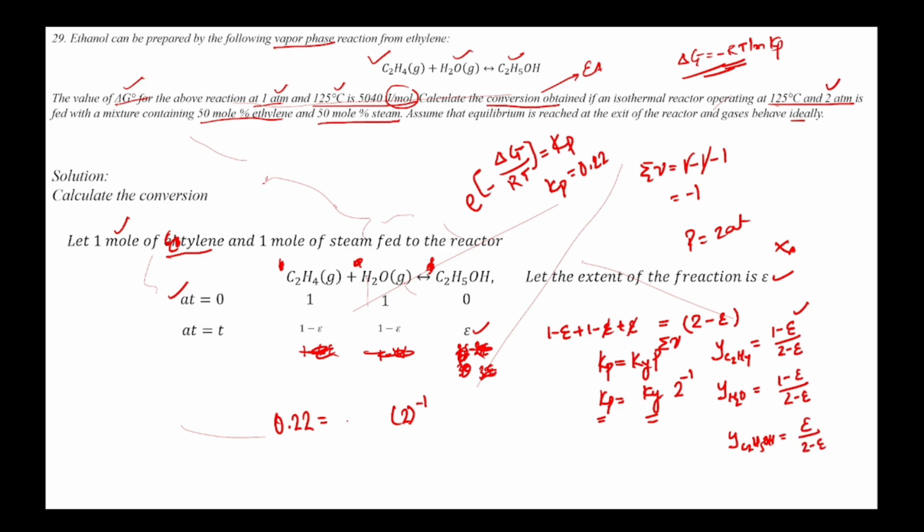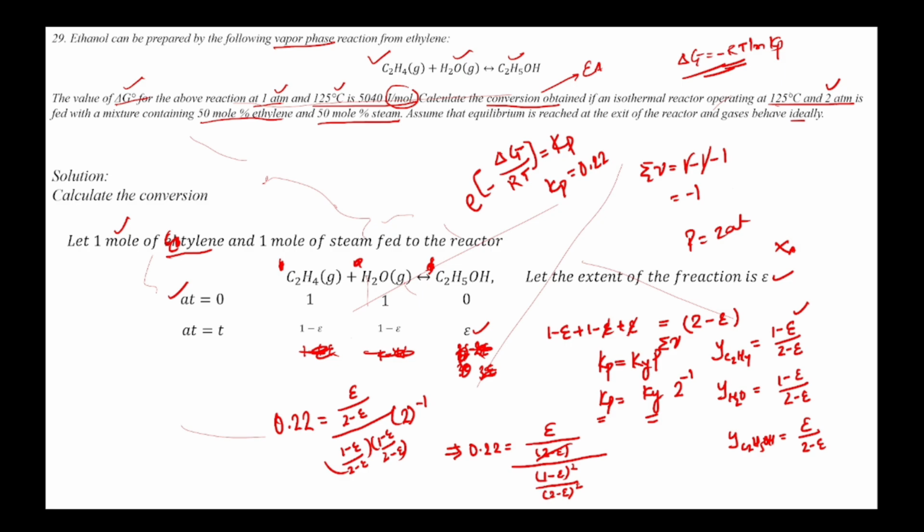Now, so this Ky will be E upon 2 minus E, divided by 1 minus E upon 2 minus E into 1 minus E upon 2 minus E. Okay, so 0.22 is equal to E upon 2 minus E over 1 minus E whole square upon 2 minus E whole square.